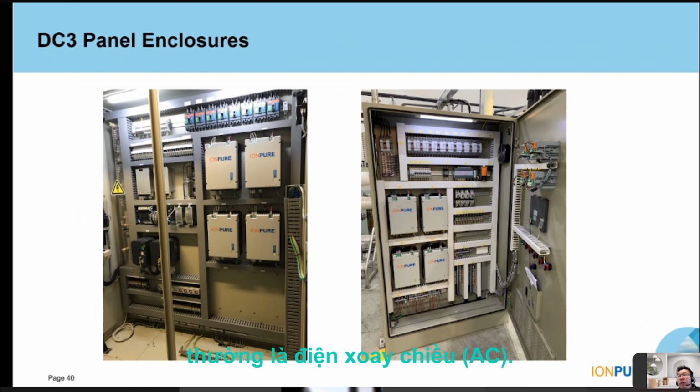The power supply everywhere in the world, in your house, is all AC supply. So there needs to be a power controller to convert from AC into DC. But what is special about our controller is that we evolved it in a way where it doesn't need a transformer.